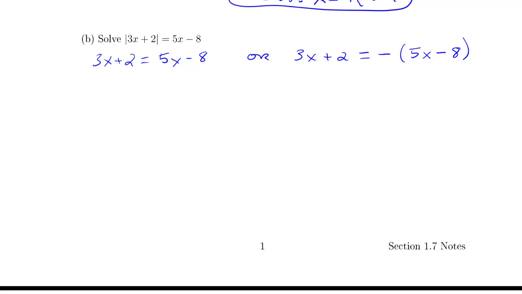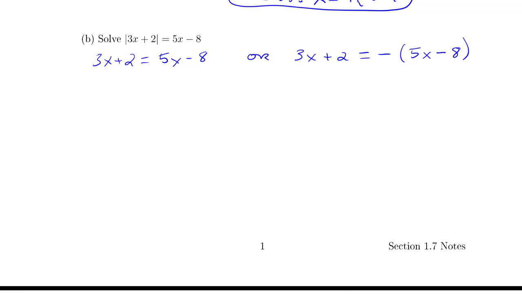So in either case, I'm going to get 5x minus 8 out of the absolute value, because either it was positive 5x minus 8, or 5x minus 8 was negative and got flipped around. So either way, I'm going to get the positive value of 5x minus 8.